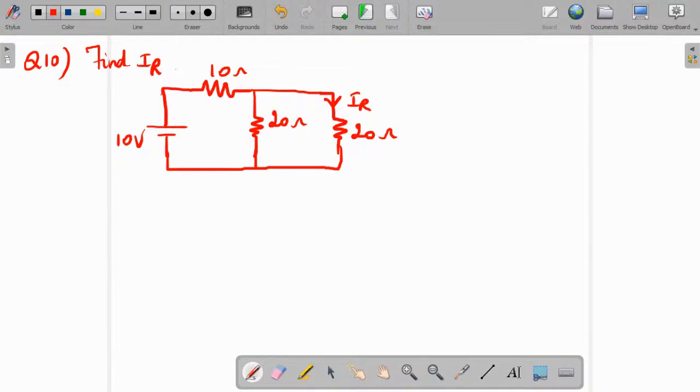Yes, question number 3, the figure is missing. Just a second.